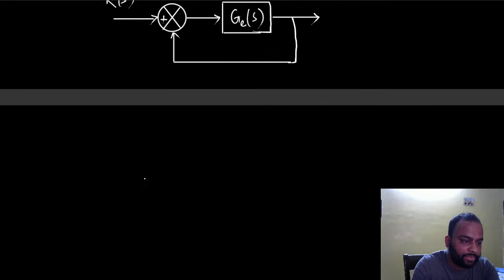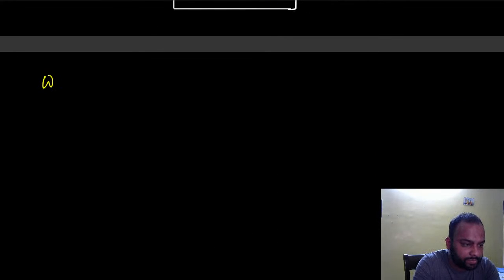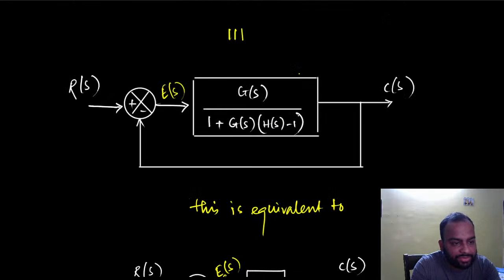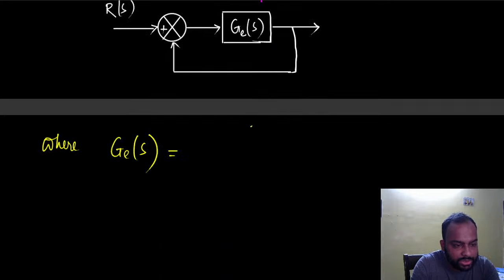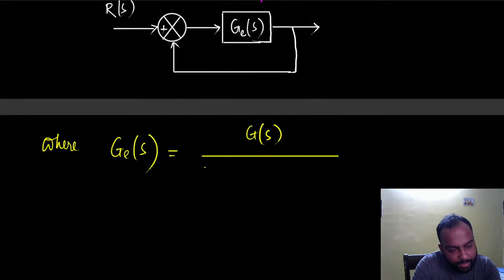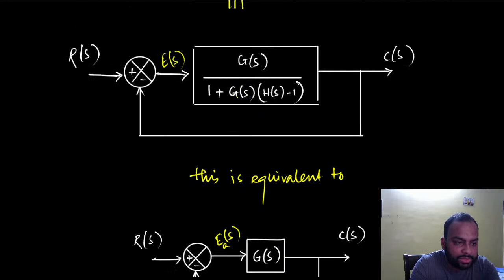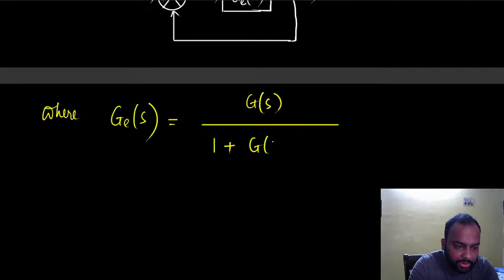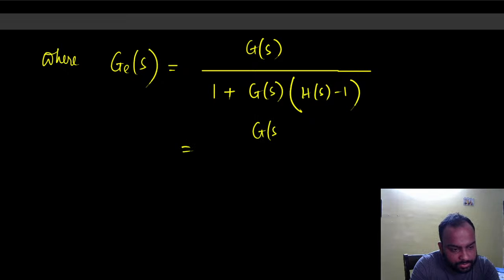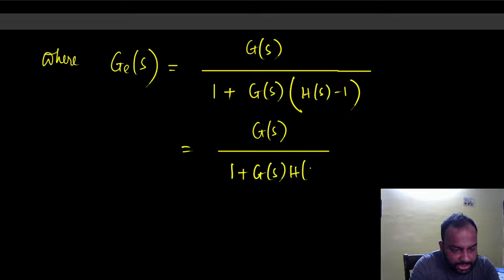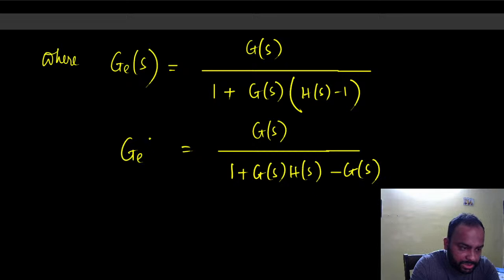So this is a unity feedback system where G_E(s) is this transfer function, right? So this is G(s) divided by 1 plus G(s)(H(s) minus 1), which is G(s) over 1 plus G(s)H(s) minus G(s). That's the G_E.